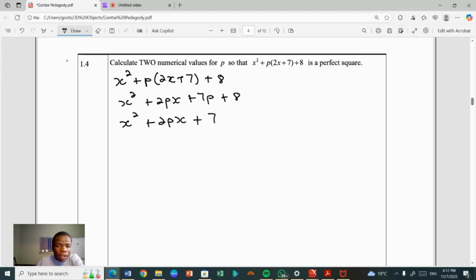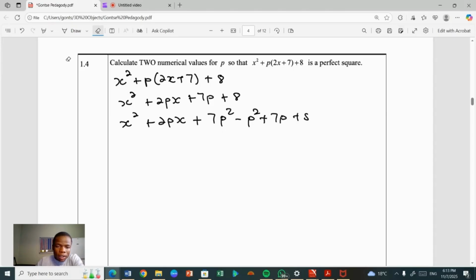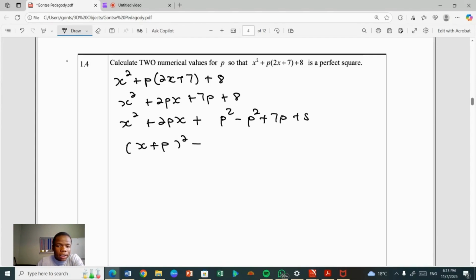Sorry, here there is no 7. So from then you just have to complete the square: x plus p squared minus p squared plus 7p plus 8, using this side, to get this.